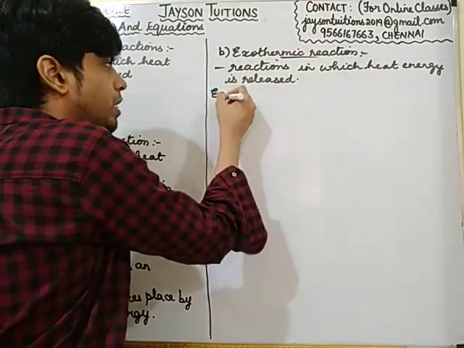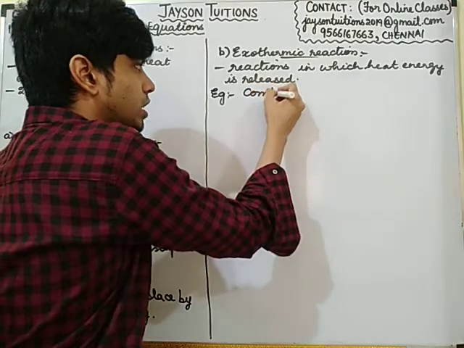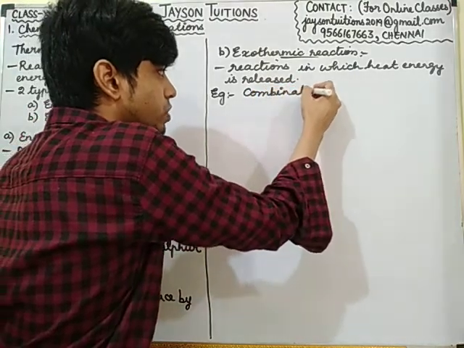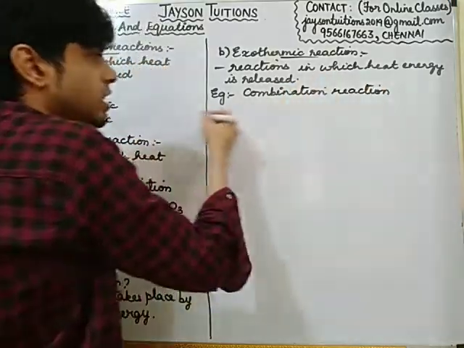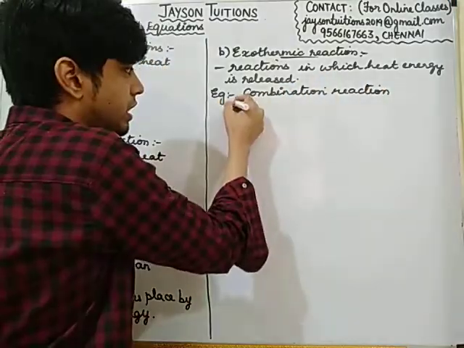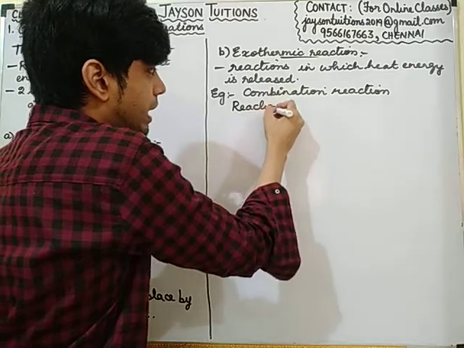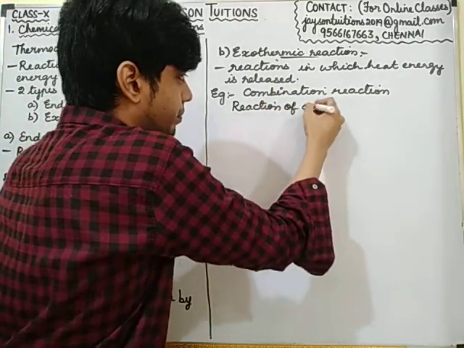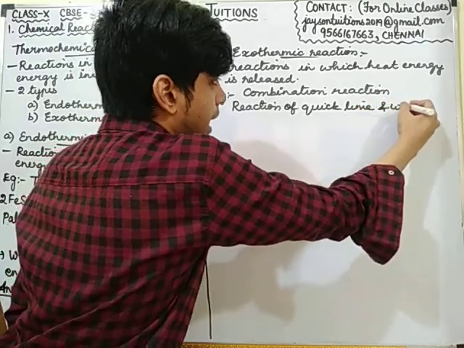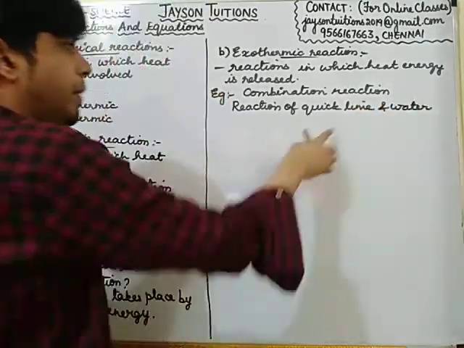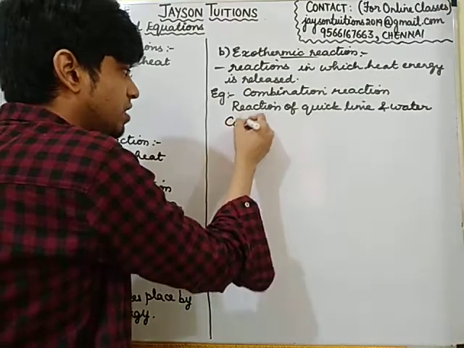For example, you can take the combination reaction which we studied. In the combination reaction, we studied one important equation, the reaction of quicklime and water. What is the formula for quicklime?